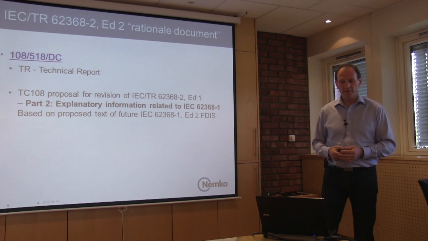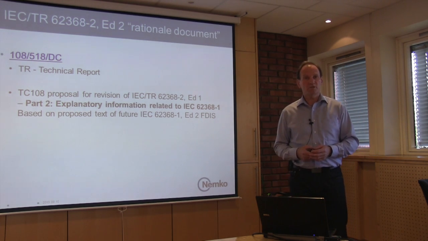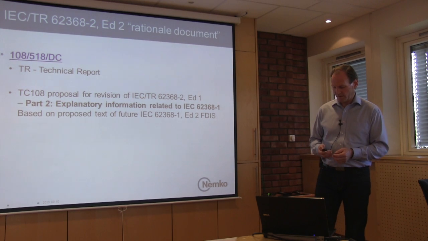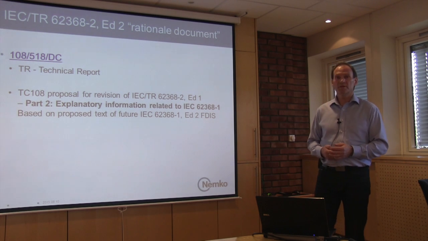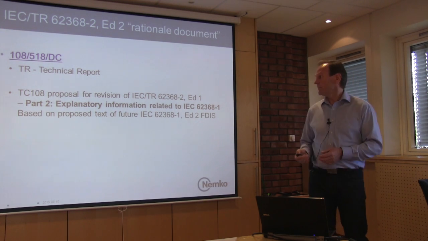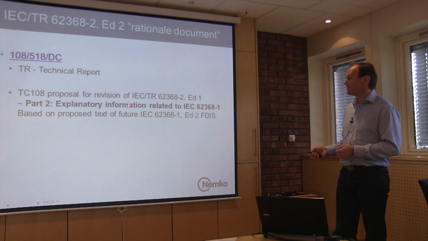And then we have the rationale document, which I mentioned. That is a DC document, a committee document which is out for comments. And that will be the explanatory information related to the second edition of 62368.